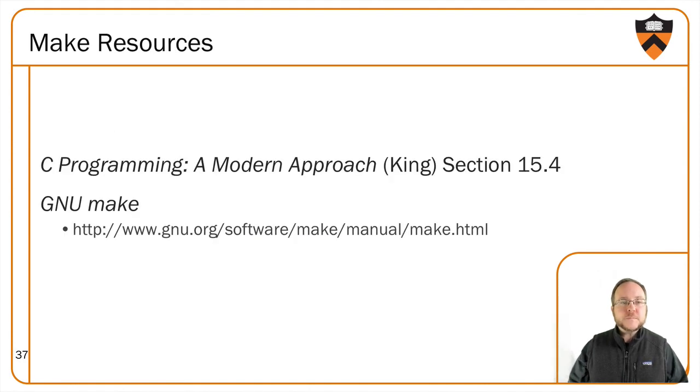it doesn't know what to do. All right, so we've still just barely scratched the surface on Make. The King book has a good section on the tool, and then there's the man pages, of course. And if that's still not enough for you, the link here on the screen is the full GNU documentation. That's about 140 pages.